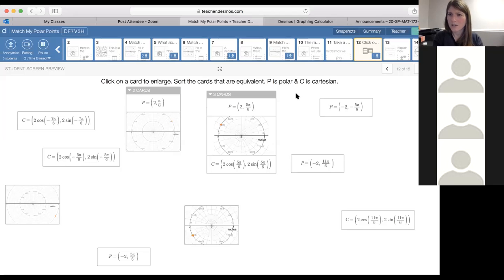I'll take a look at it and give you guys some hints in a couple minutes, but I want to open it for questions right now, and then we'll talk about some other interesting polar graphs that you could see. Okay, so questions, you guys can unmute yourself or type into the chat box.